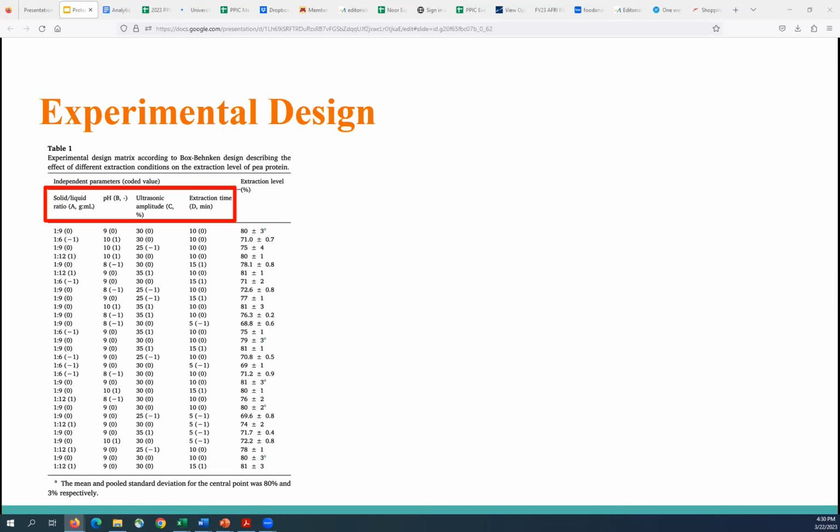They tested different sample concentrations with solid liquid ratio from 1:6 to 1:12 gram to ml and pH from 8 to 10. They also tested samples at different ultrasonic amplitude from 25 to 35% and extraction time from 5 to 15 minutes. To determine the optimized extraction condition, the Box-Behnken design was used.